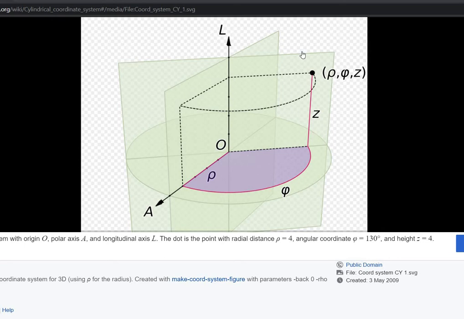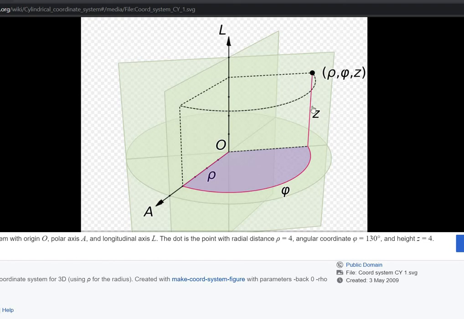In this picture, they have shown rho, phi, z. This rho, phi means our polar coordinate, that is r, theta. So r, theta, z is actually the cylindrical coordinate system. Here they represented it as rho, phi, z.